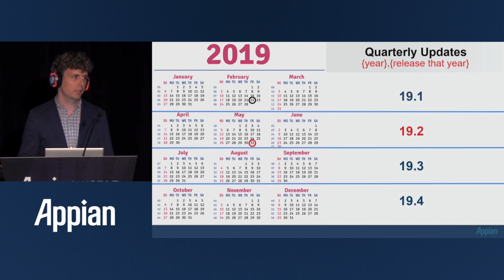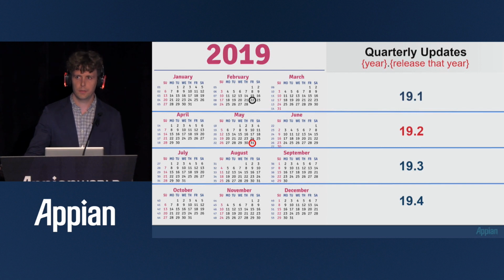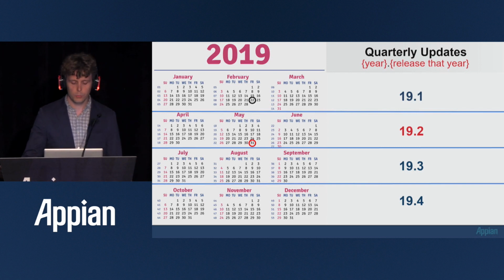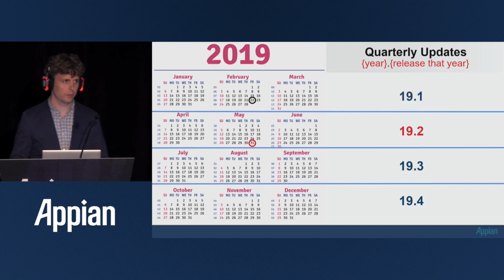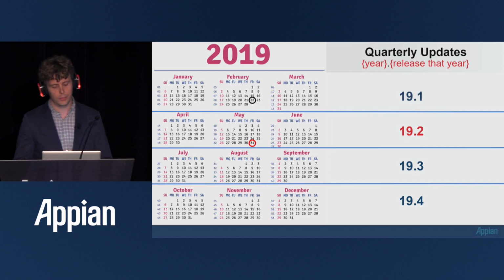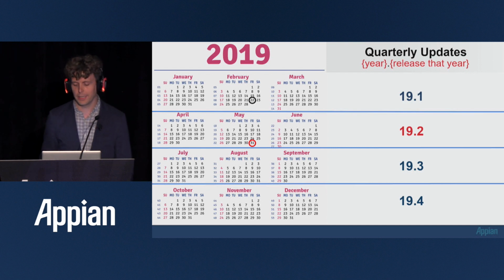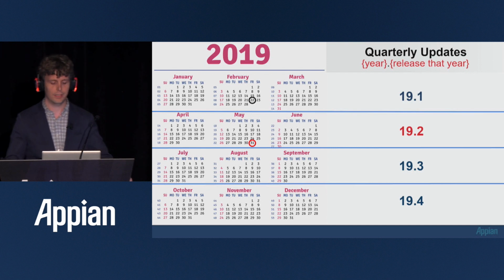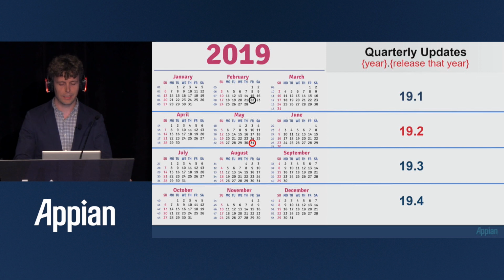So 19.1 was released on the 22nd of February, and 19.2, our next release, is coming out in a little over 2 weeks at the end of May. No points for guessing when 19.3 and 19.4 are coming out, but we don't announce the specific release dates, but you can take a guess there.